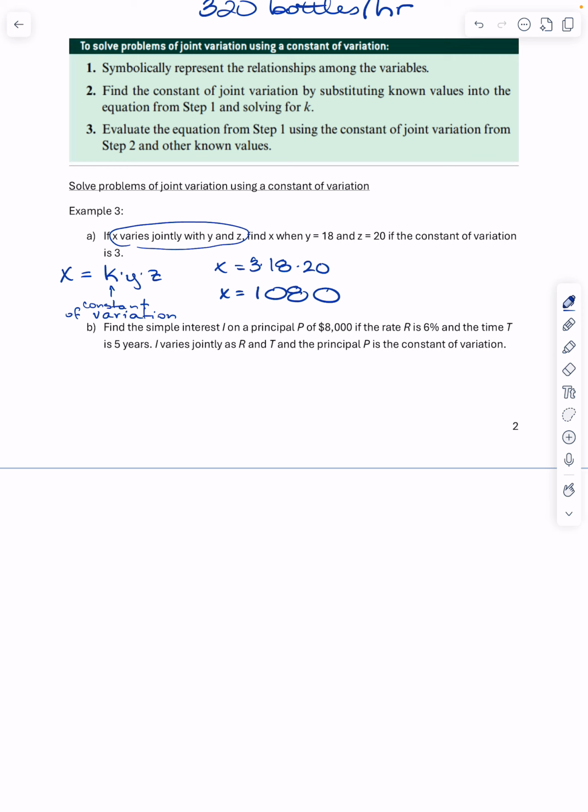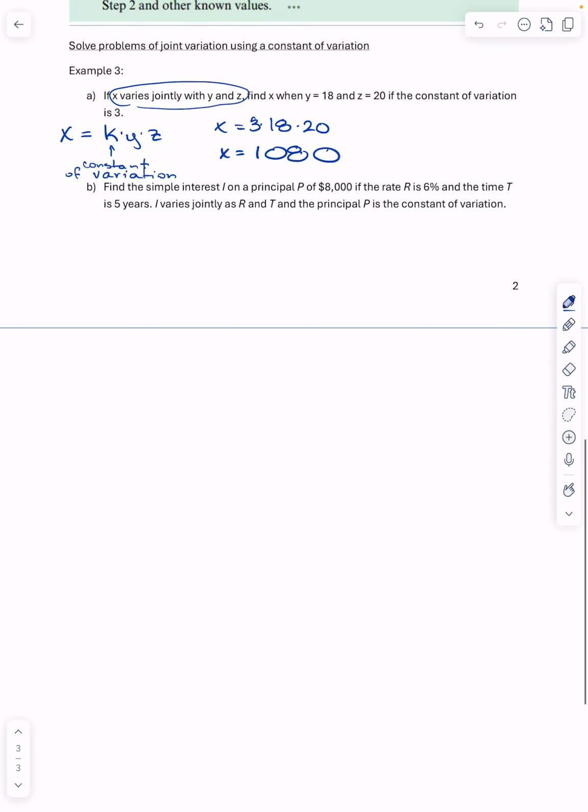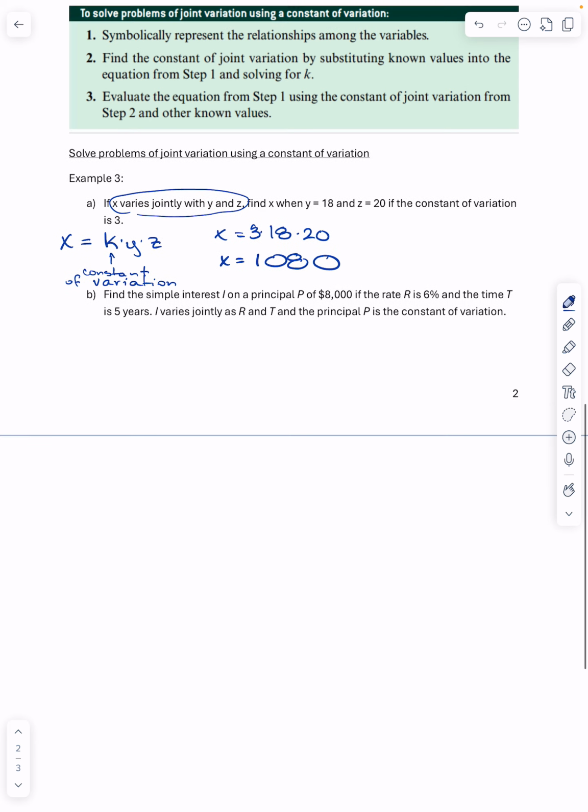Last example here, find the simple interest. We had the interest formula in the last section. Interest equals principal times rate times time. Interest varies jointly as R and T with the principal P as the constant of variation. Here's our equation.